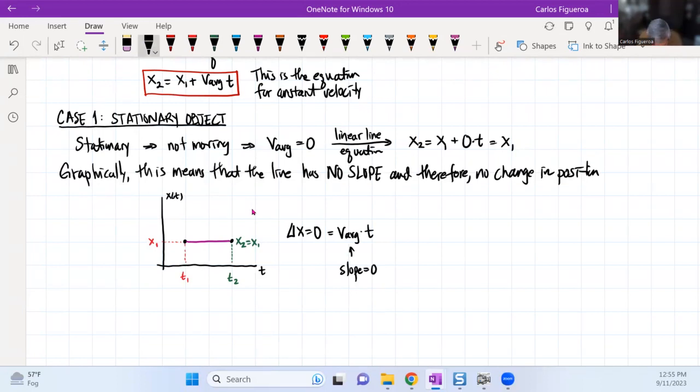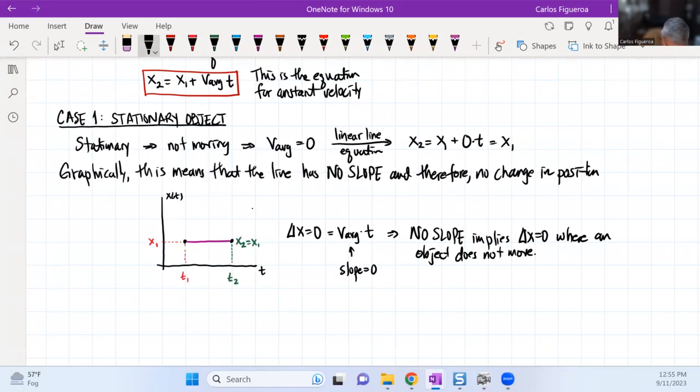So we see a flat line. So in summary, we could say that no slope implies delta x is equal to 0, where an object does not move. In other words, it's at rest.